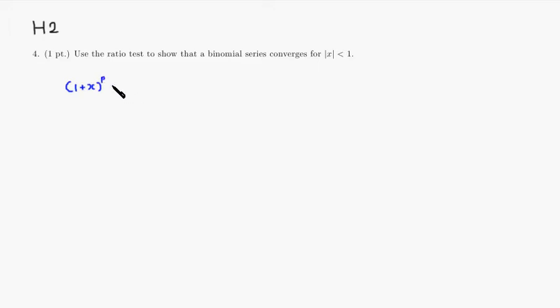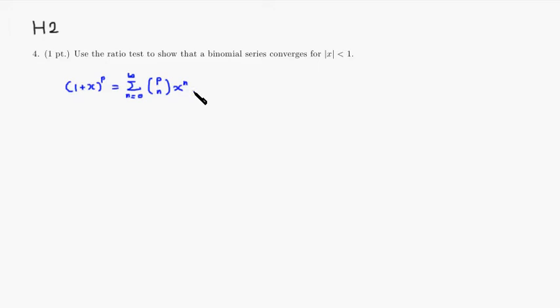This can be written as the summation, n goes from 0 to infinity, of the binomial coefficient p choose n, then x to the n.